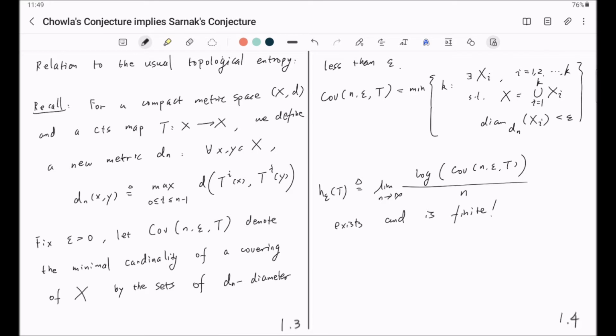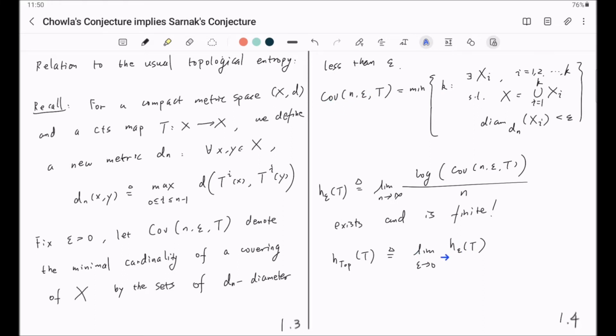And we define the topological entropy of this dynamical system to be the limit as epsilon goes to 0 of this h_epsilon(T). This h_epsilon(T) increases when epsilon decreases because of this definition of covering numbers.